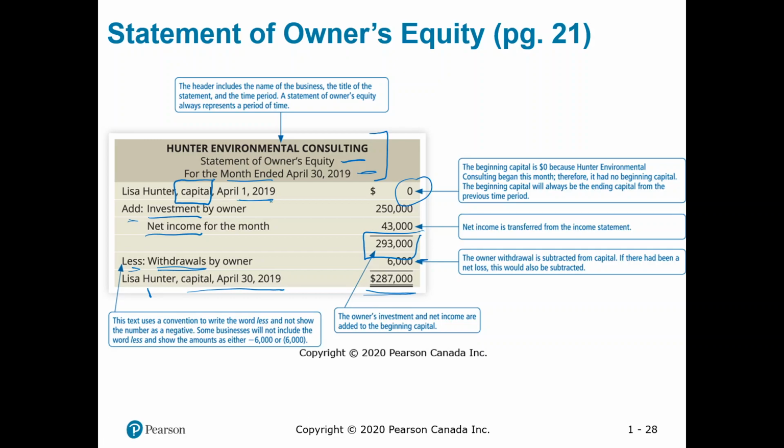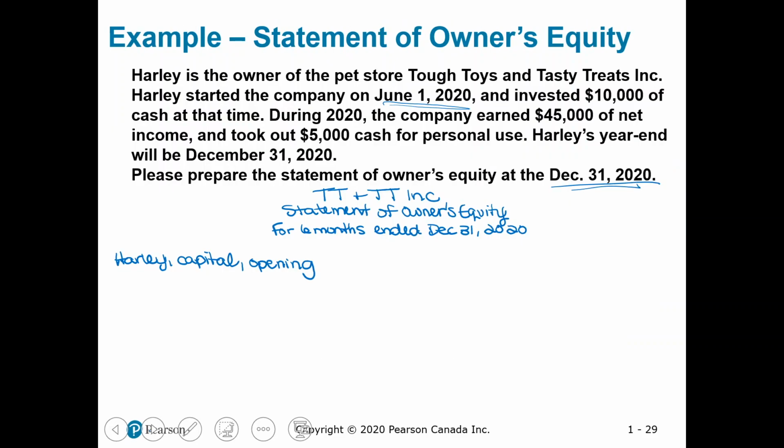That is fine. It's also fine to just say opening. Now, what is Harley's opening balance of capital on June 1st? She just started the company, so her opening balance is 0. If she had been doing this for multiple years, this question would have told us what her opening balance was so that we knew that.